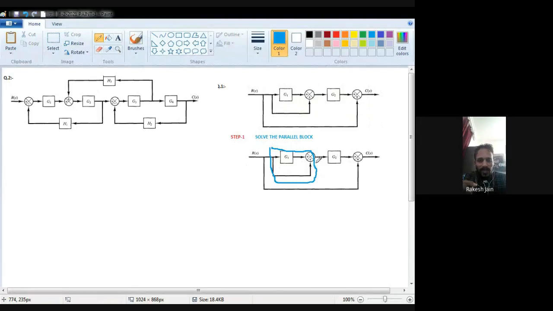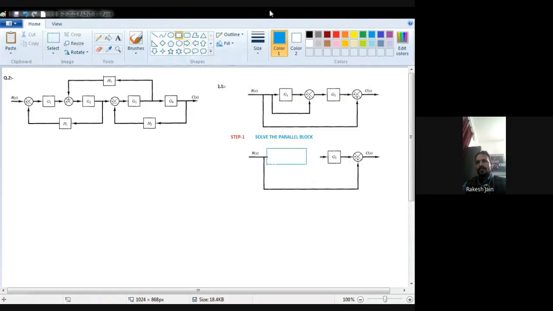As we solve right now here, this block G1 and this direct line whose gain is 1 come into a summing junction, both with positive sign. So we have to add them.